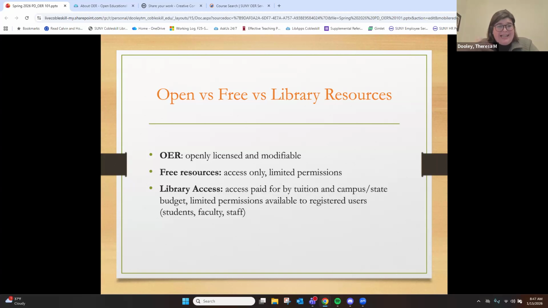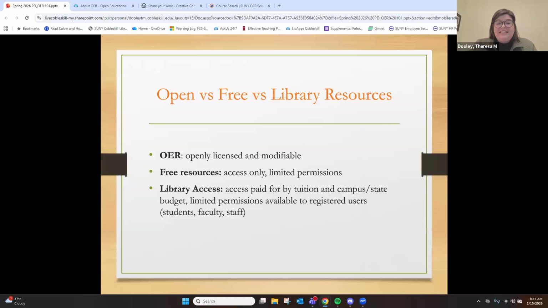And with library access, okay, I want to make sure we all understand this. Our budget goes to making sure that we have paid access to a lot of things that would usually be behind a paywall. All right. You get specific access to that as students, faculty, and staff. And most of that comes from student tuition dollars, so that is very much not free.